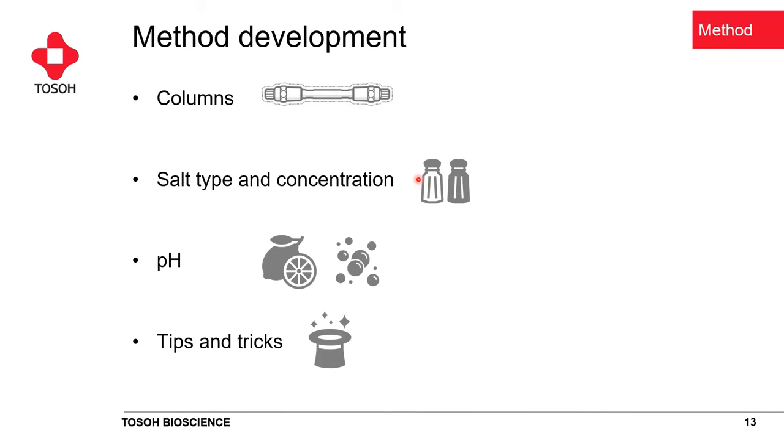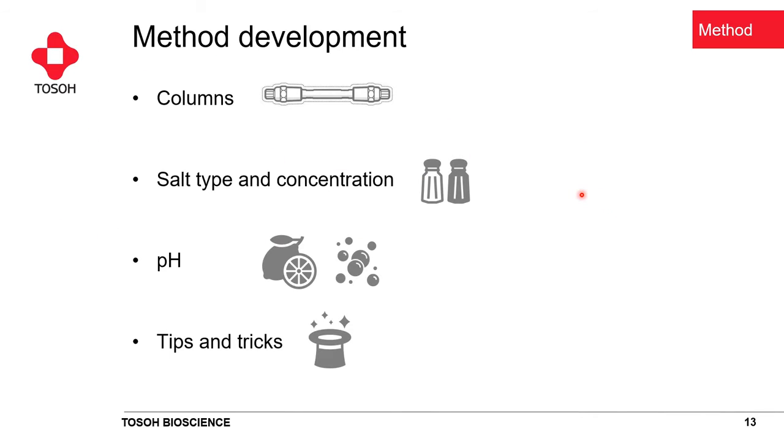Well, now I hope every one of you found at least one application where they can use hydrophobic interaction chromatography. And you might think, okay, in the very beginning I said it's regarded as very complicated to do the method development. What does method development for hydrophobic interaction chromatography actually mean? So we do not have too many parameters we need to look at. One thing is of course the columns.